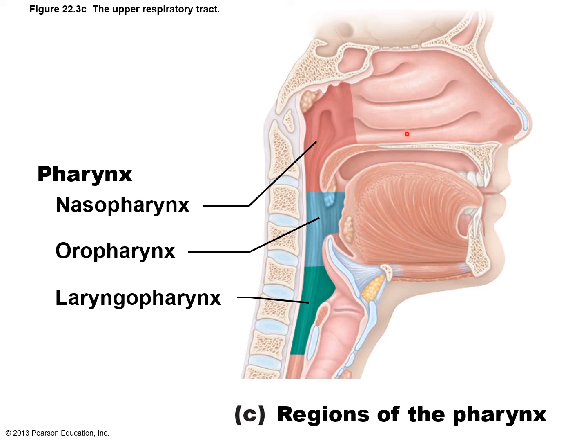Naso because it's closer to the nasal cavity, oro because that part of the pharynx is closer to the oral cavity, the mouth, and laryngo because this part of the pharynx is close to our larynx, which is our voice box. The nasopharynx is lined with a pseudostratified epithelial tissue, and if you remember, pseudo means fake, so this epithelial tissue is really made up of just one layer.